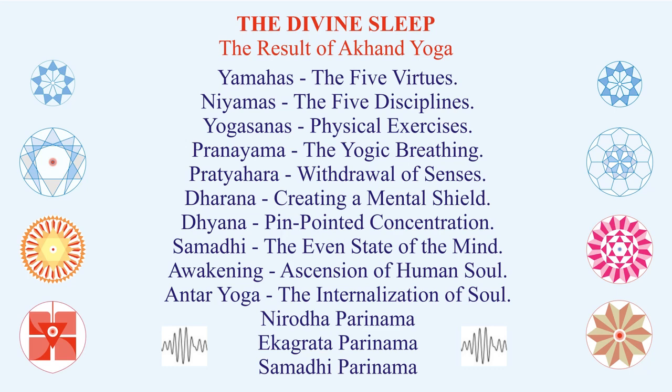Ekagrata Parinama means there is a coherence, which is a result of Akhand Yoga. Samadhi Parinama means there is an even state of the mind: one expression disappears, and the one which appears and replaces it is almost identical to the one which preceded. These 3 beautiful descriptions of Patanjali and Akhand Yoga are nothing other than a beautiful reflection of the alpha spindle you can see on an EEG.